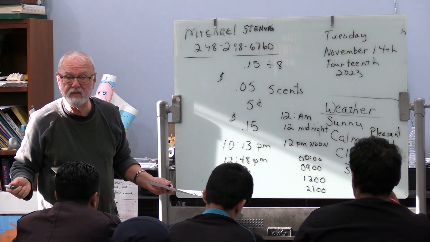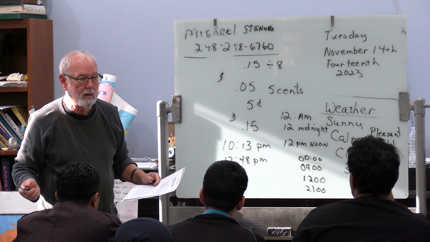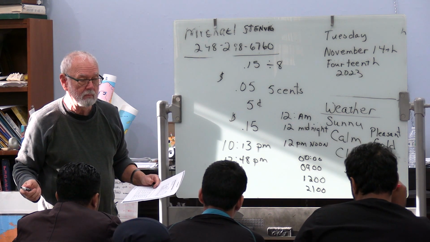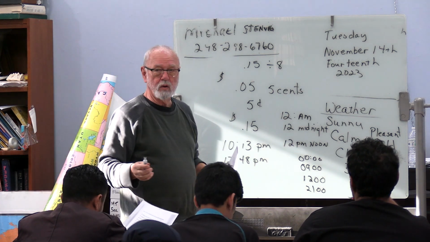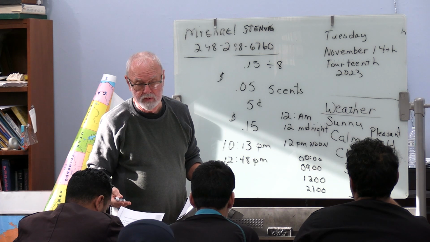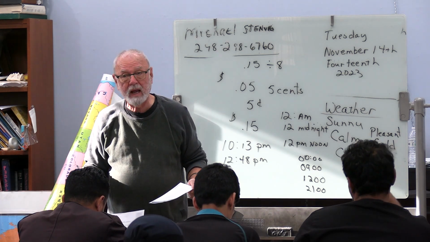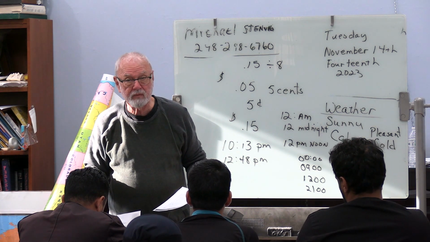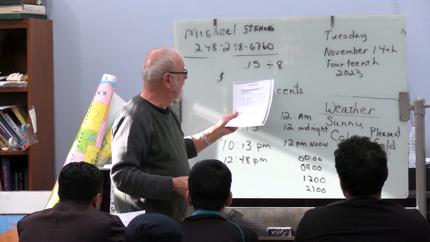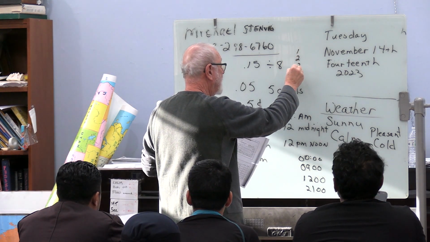15 divided by 8 is 0.0187. Okay, this is one of those things when it says about, and you have to decide. In money, we don't have half cents. We have full cents. Is it going to be 1, 2, or 3?